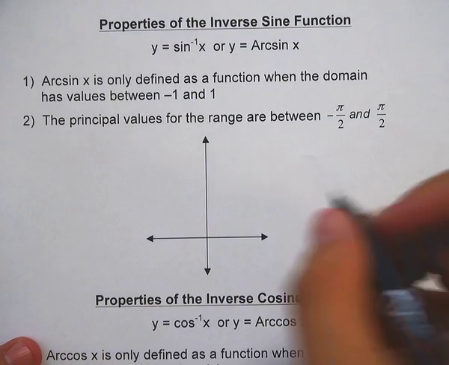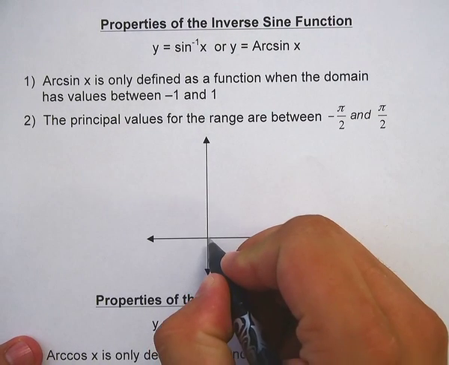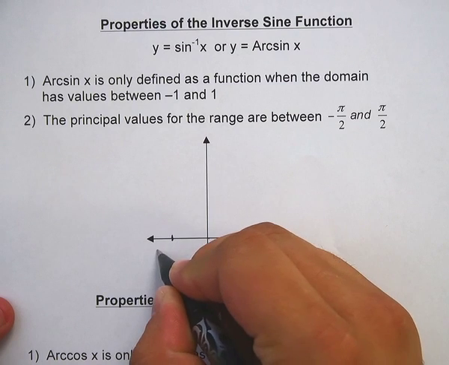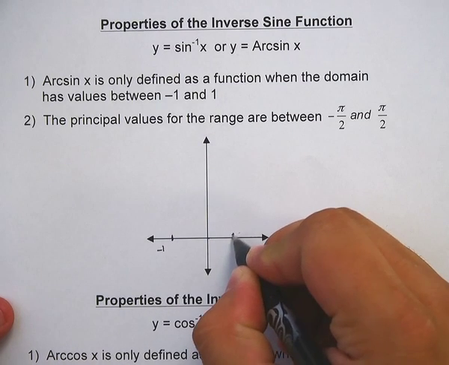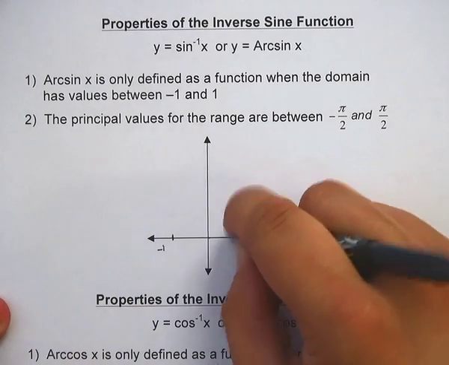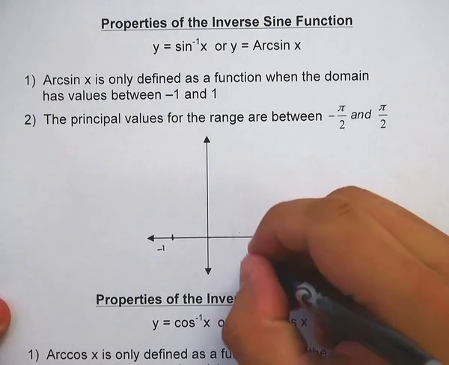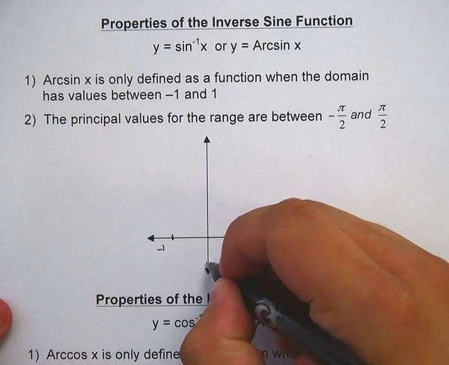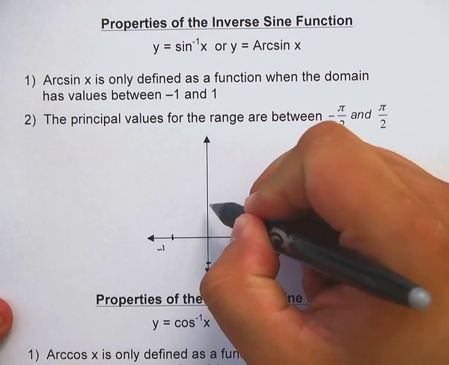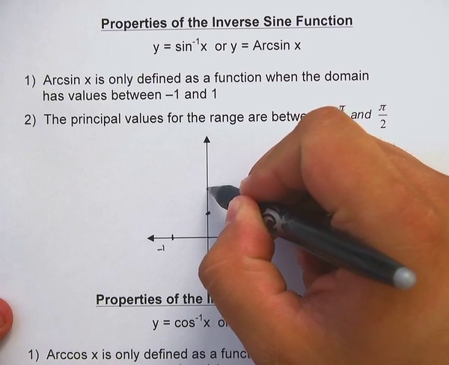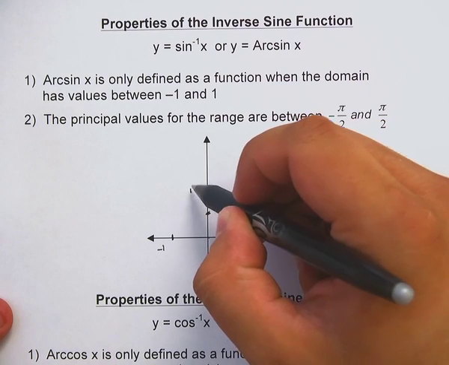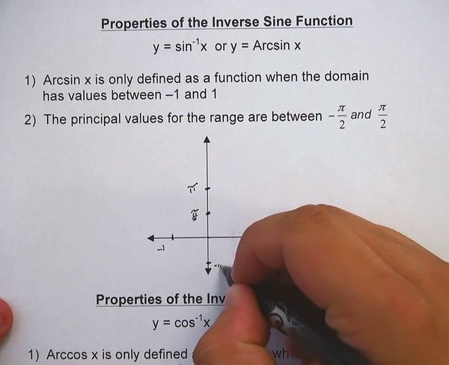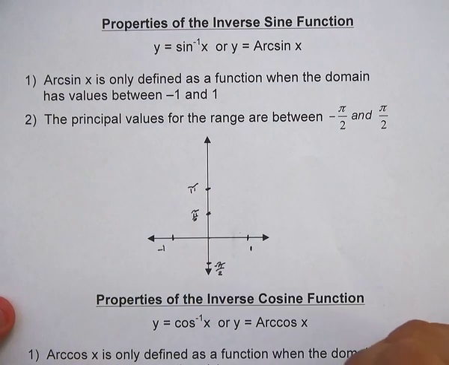So we have here 0, and I'm going to graph the arcsine that I just graphed on my calculator, but on here. 1 here, and here, and here. We'll call this pi. This will be pi/2. This will be -pi/2, and so on.